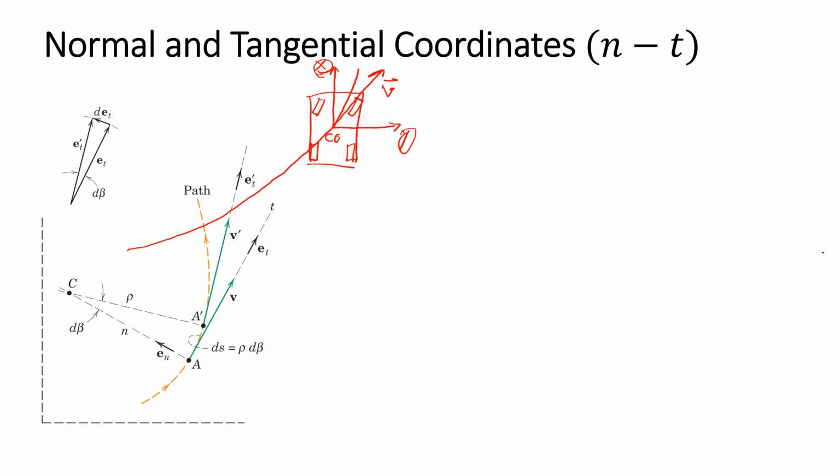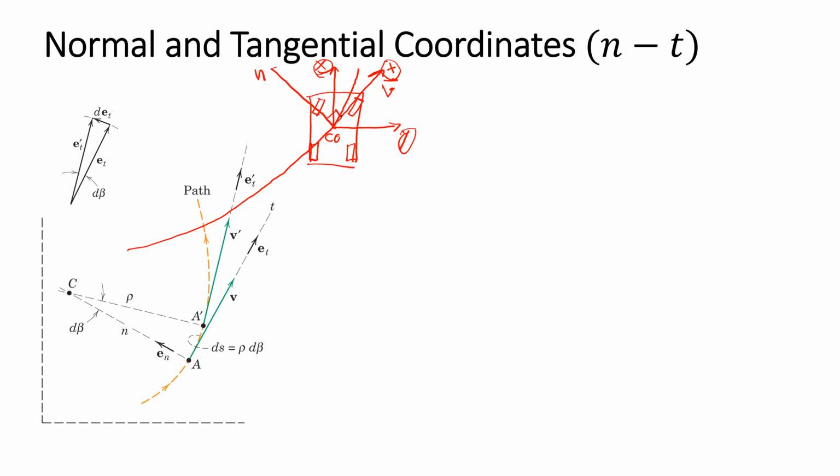We are going to introduce another coordinate called the NT coordinate. We have the t direction and the n direction. The t direction is the direction of the velocity vector, and the n direction is the direction that's normal to the t direction.